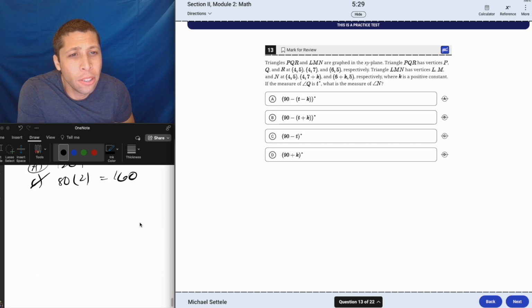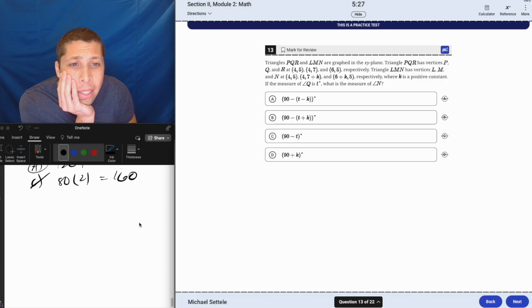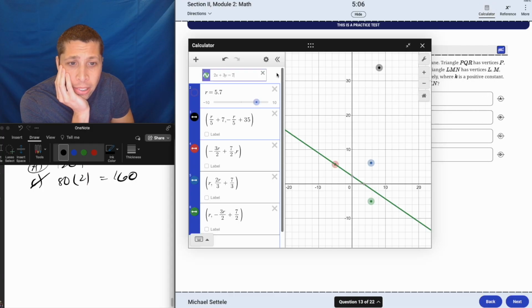Okay. These are graphs in the XY plane. The measure of angle Q is T degrees. What is happening? Okay, can I just put this in this calculator?